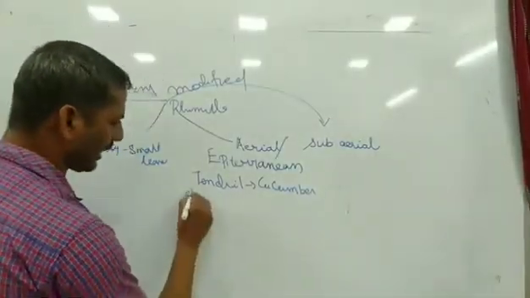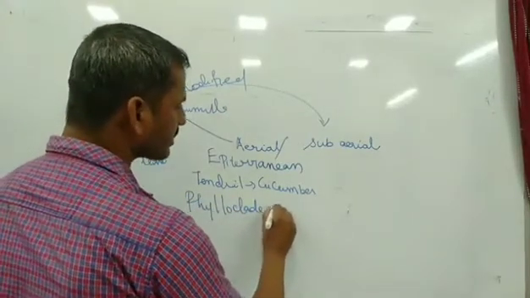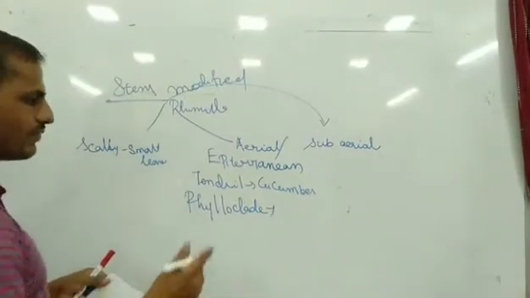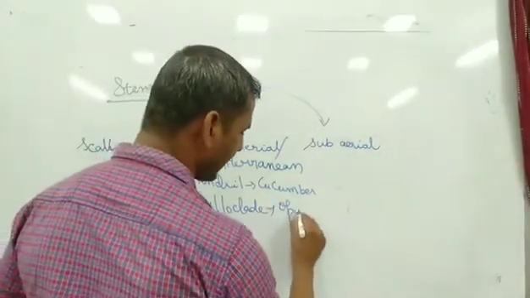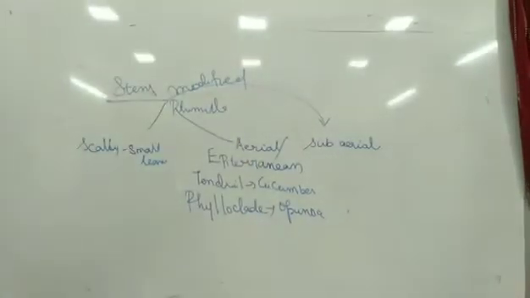Now it is phylloclade, where the stem is modified into leaf, which is very common in Opuntia. Why? To avoid transpiration of water.